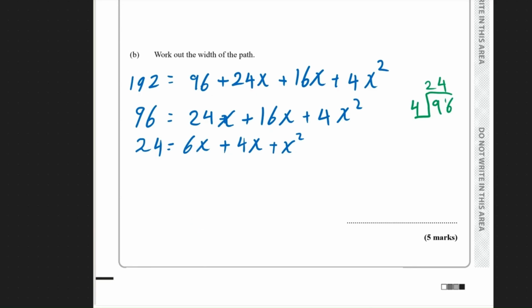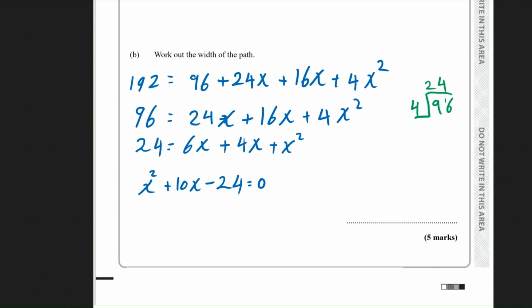So 24, bring it over to the other side, it would be minus, as now it's positive. So let's rearrange x squared, and then collect like terms, 6x plus 4x, 10x, and then minus 24 equals 0.